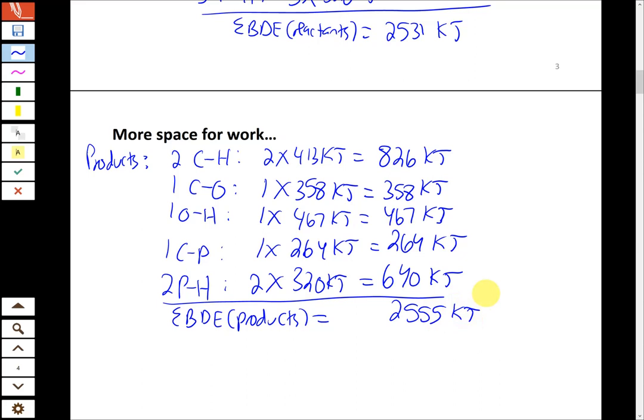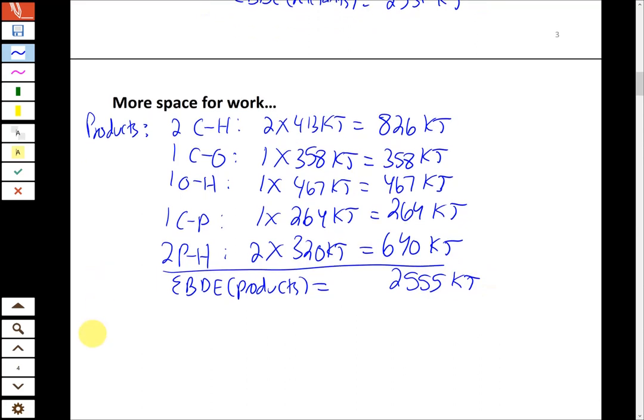All right, and then finally to get delta H, it's going to be reactants minus products when we're using this approach. So it's going to be that sum that we got for the reactant side up above minus the sum for the product side that we just found.